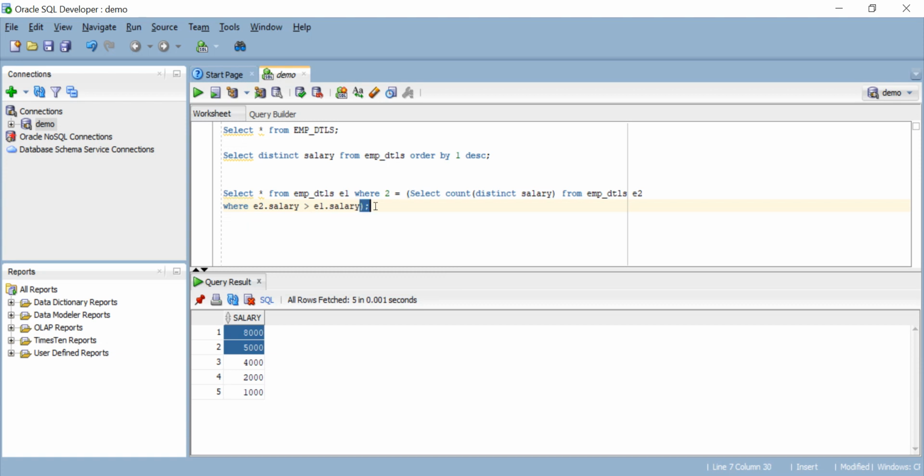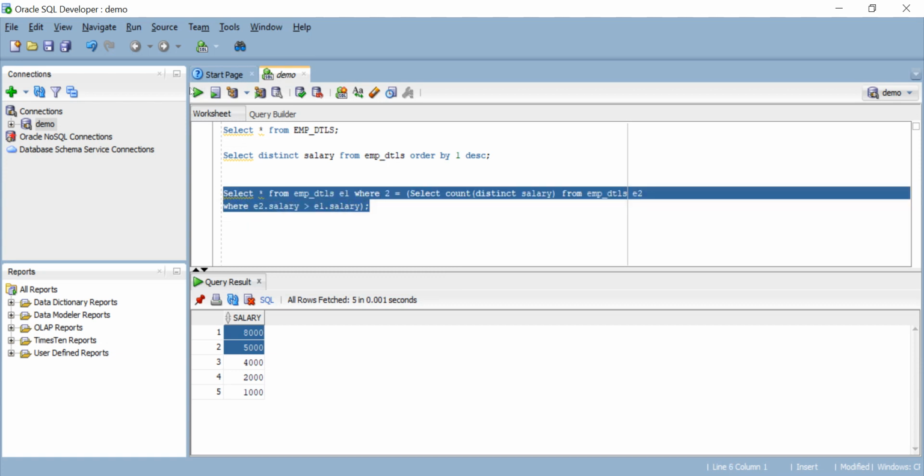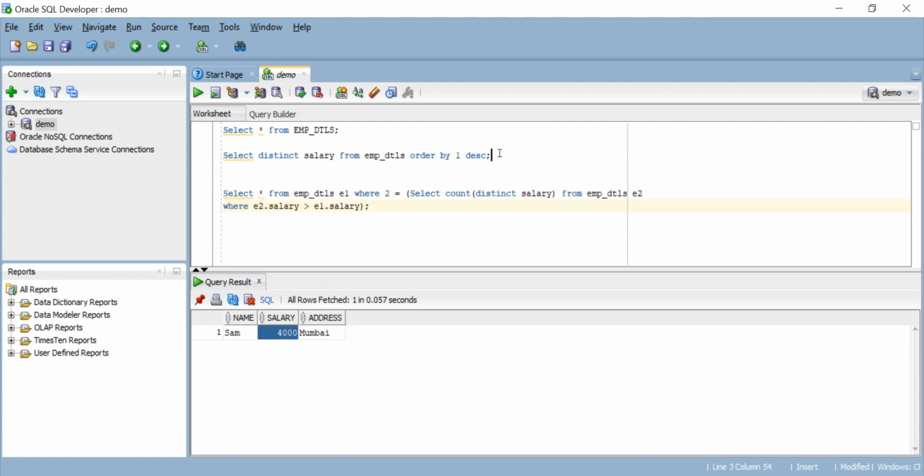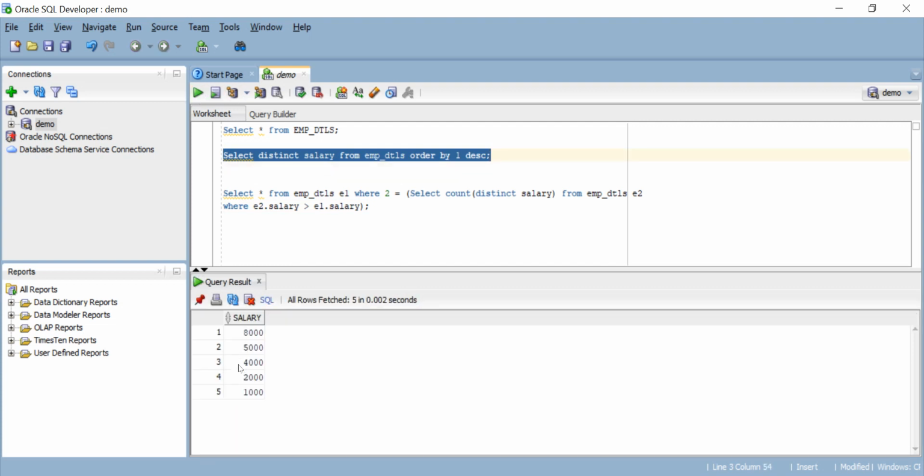And then we just do a select star from that table. So if we do that, we get 4,000 as the third highest salary, because if we take the distinct of that table, we get it at the third position. So I hope this has given you a clear concept of how we write the query to find the nth highest salary.